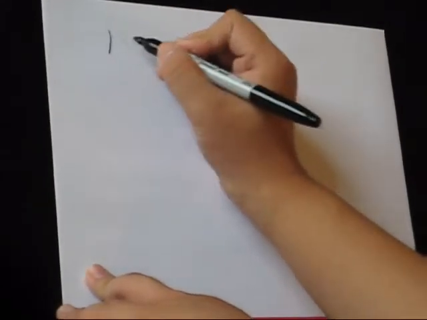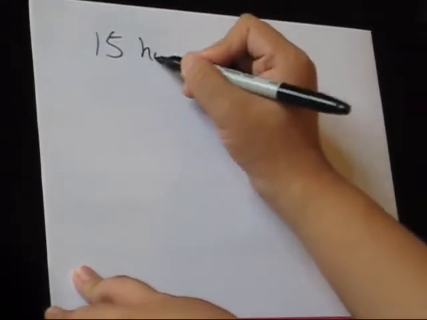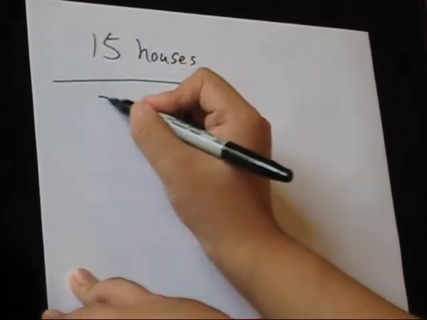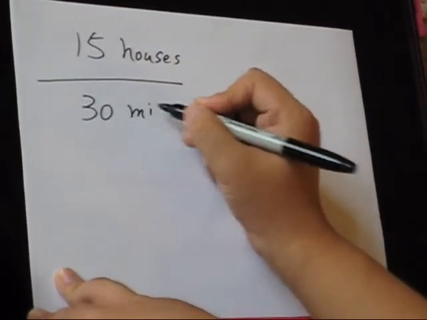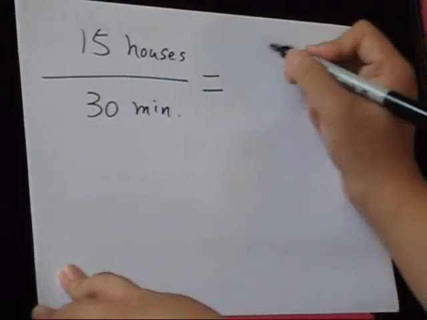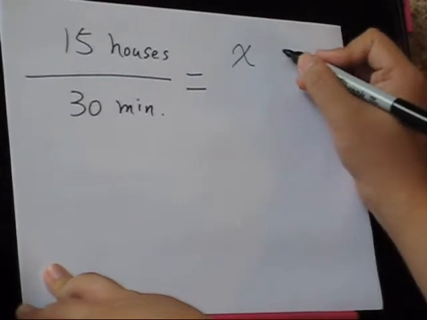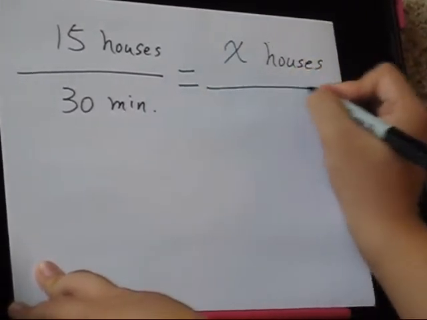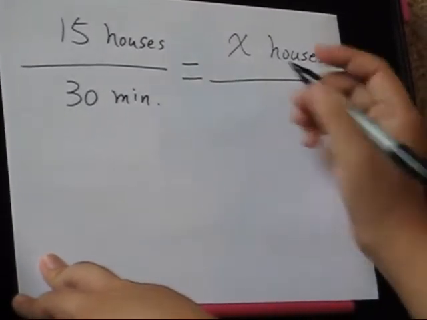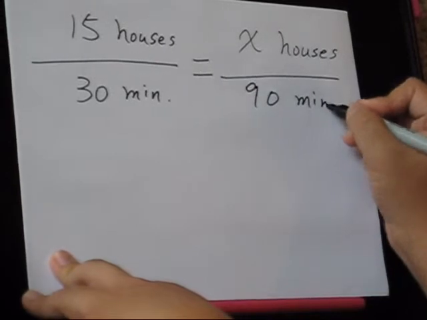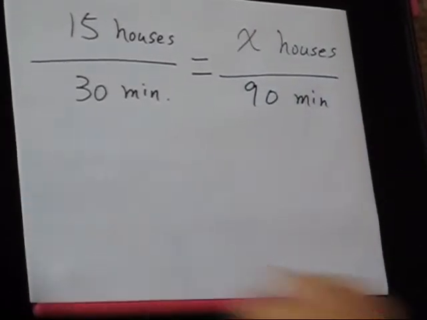First, we have 15 houses, and then we have 30 minutes, which will equal the number of houses that we don't know Jackson has gone to in total, but we have 90 minutes in total that Jackson can spend.